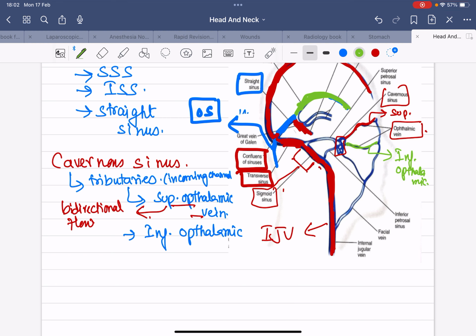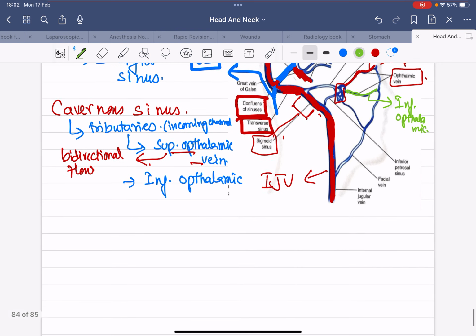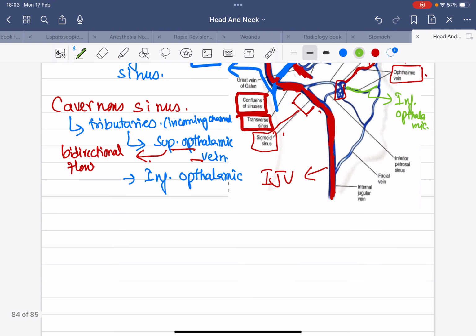So these two are the tributaries of the cavernous sinus. One more important point, the cavernous sinus is intradural. It is present between the two layers of the dura mater, that is the endosteal layer and the meningeal layer.